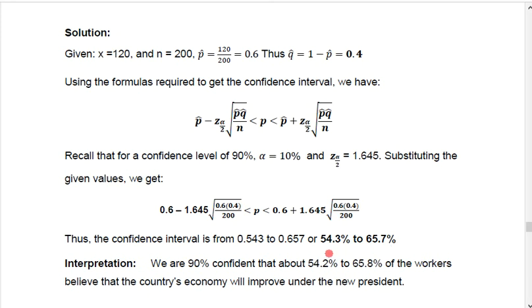Okay? Dahil ito ay range of values. Okay? 54.3% to 65.7%. Okay, so interpretation natin, we are 90% confident that about 54.3% to 65.7% of the graduates believe that the country's employment status will improve under the new president.